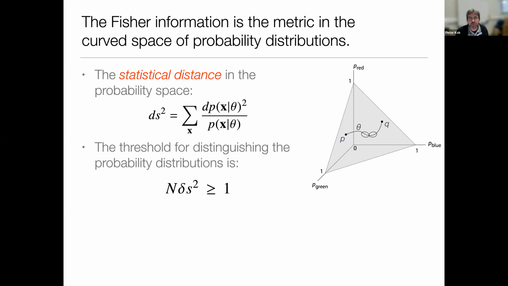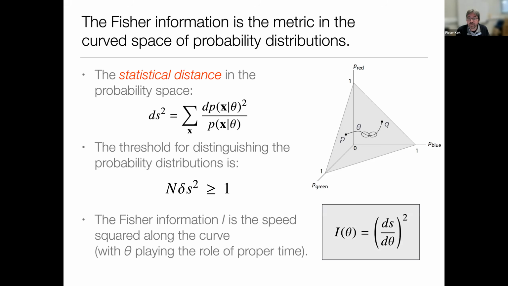So notice also I moved away from the infinitesimal form for ds squared to delta s squared because, with a finite number n, which may be very large, I want to be able to get that across a finite threshold, namely 1. So that's the distinguishability criterion.